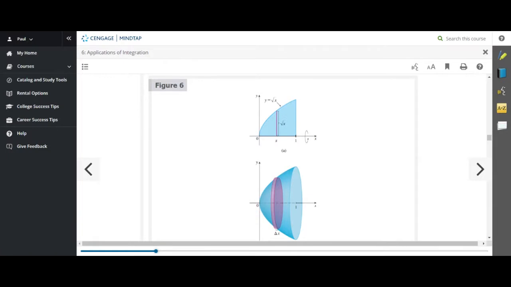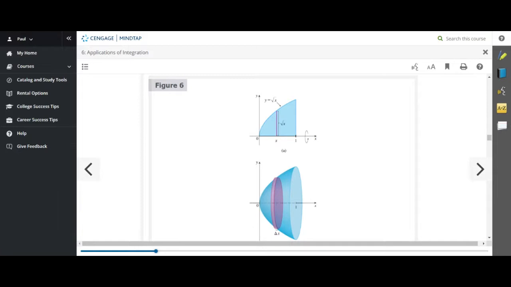So they have their picture where they're putting in a cylinder, a disc, and delta x is the width of the disc. Just like in section 6.1, in the pictures, they have vertical rectangles with delta x width, and then horizontal rectangles with delta y width.